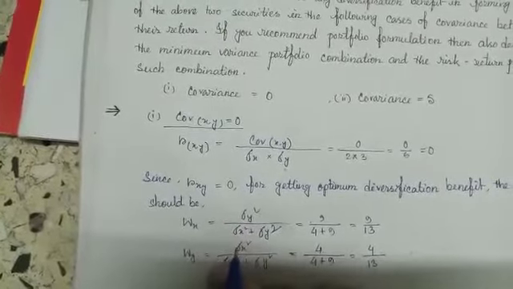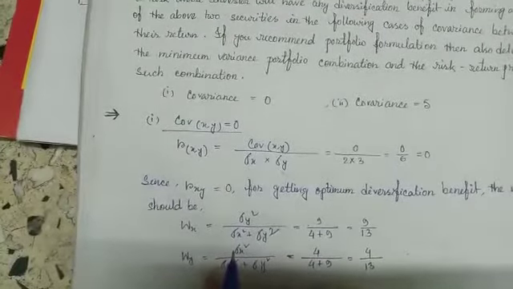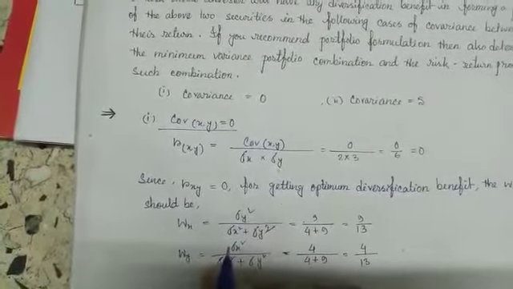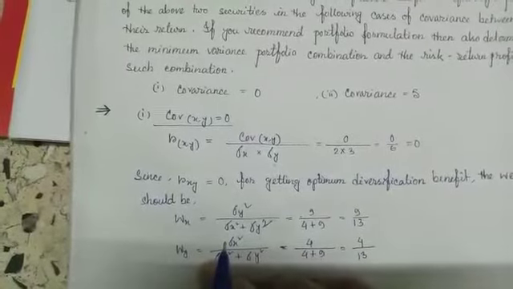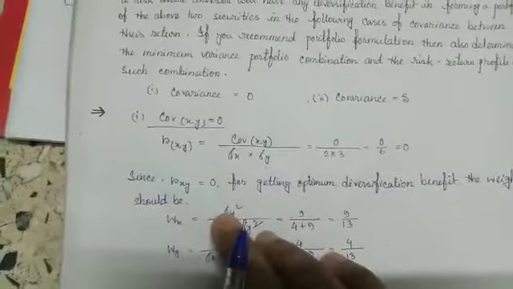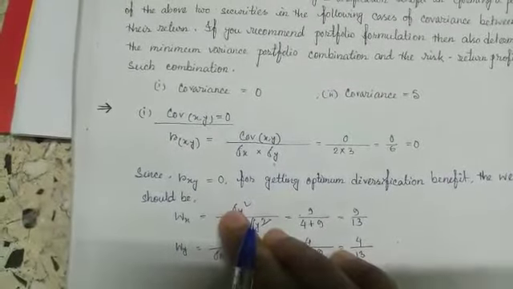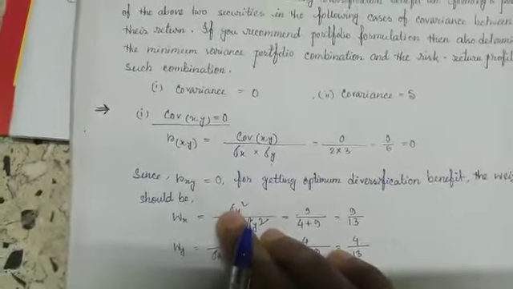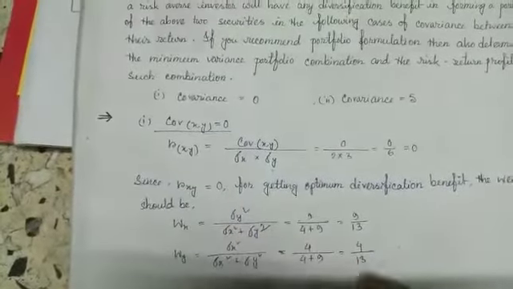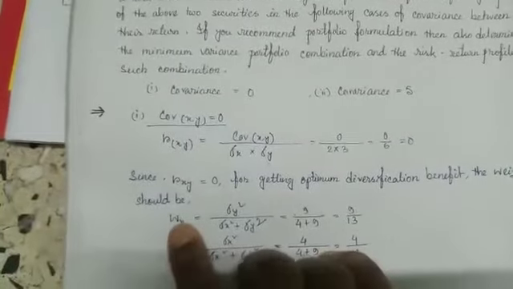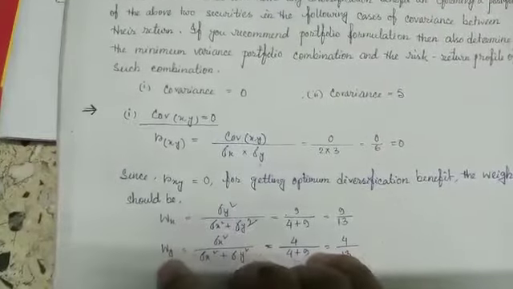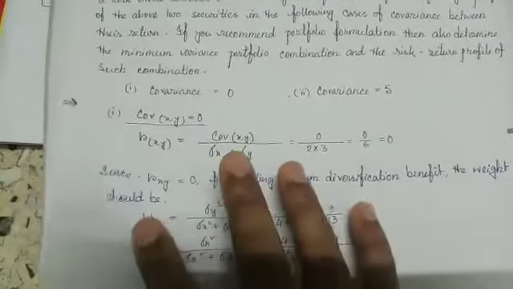This formula is generated by applying the technique of differentiation, by putting the value of Rxy equal to 0 in the variance function of the portfolio. This formula was calculated in our last classes, and by taking knowledge from those classes, we can use this formula for determination of the weight of security x and security y, where Rxy equal to 0.